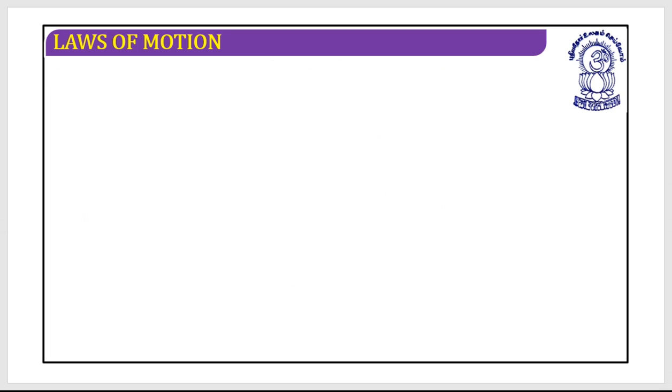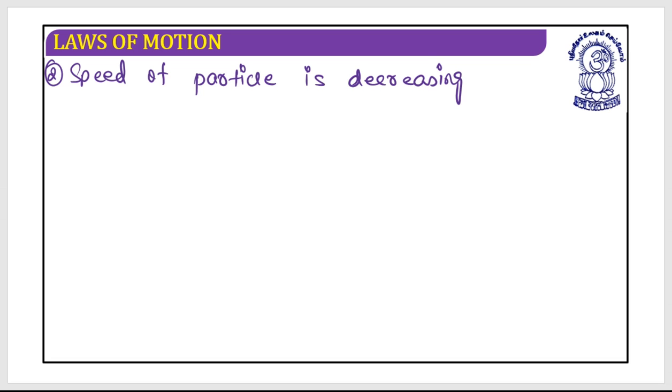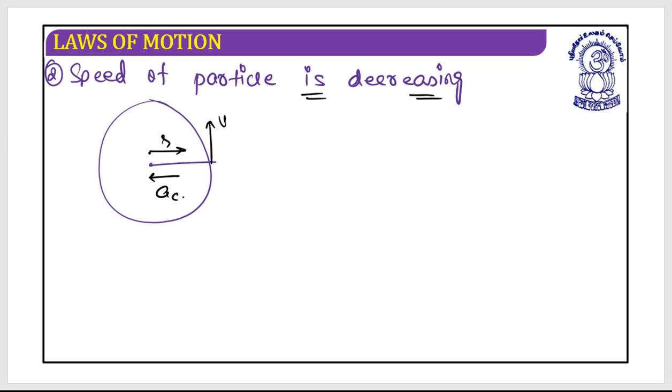Now let's look at when the speed of the particle is decreasing. So the situation is, this is the circle, this is the radius, and this must be the position vector r, this must be the AC. Let's say this is v. Now in this situation, speed is decreasing.